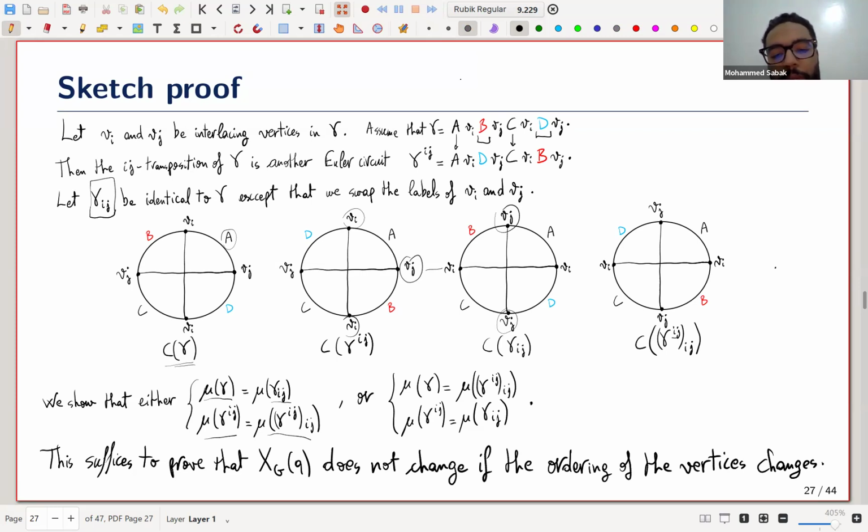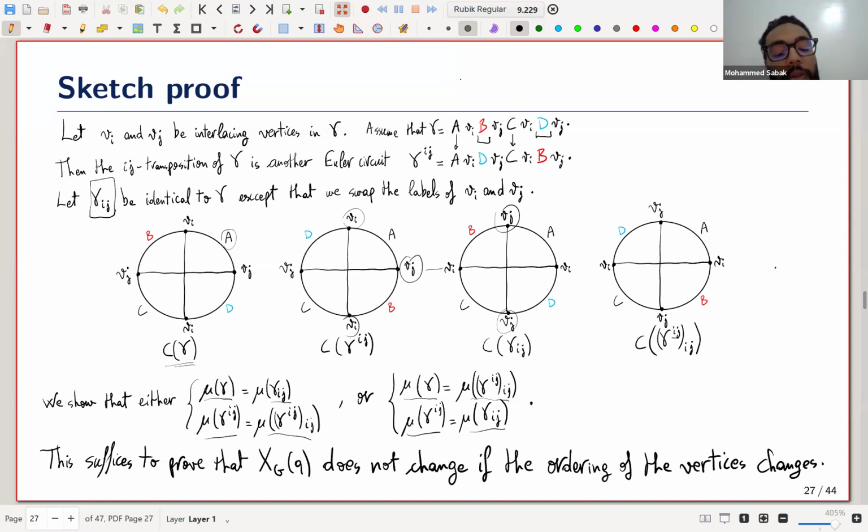This means that for each Euler circuit of the graph, we will have a single, unique Euler circuit of the graph where we swap the labels of I and G with the same weight.